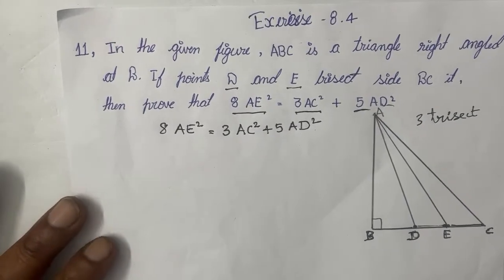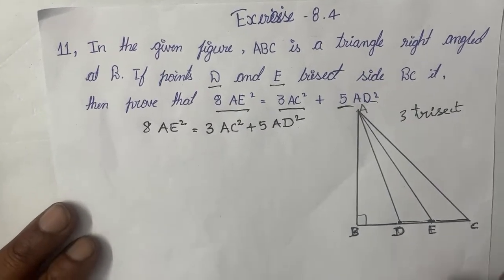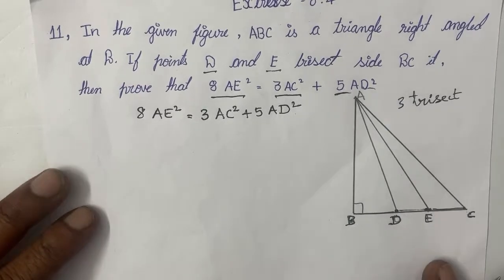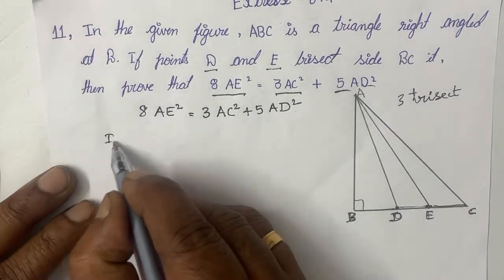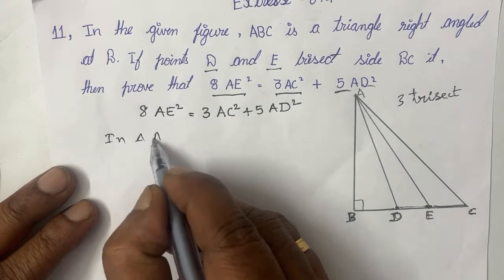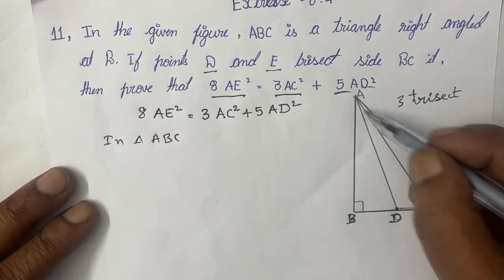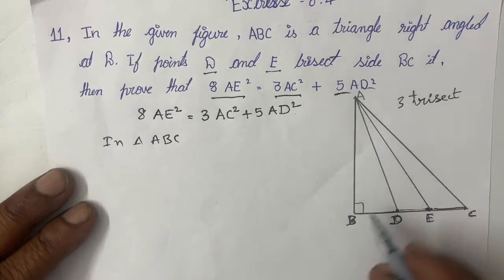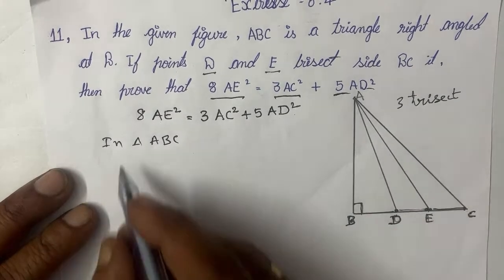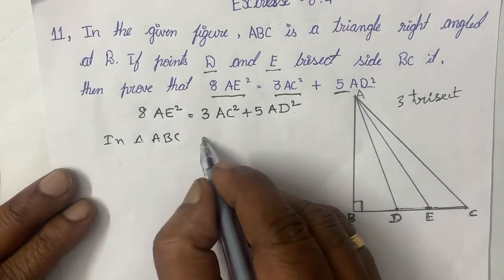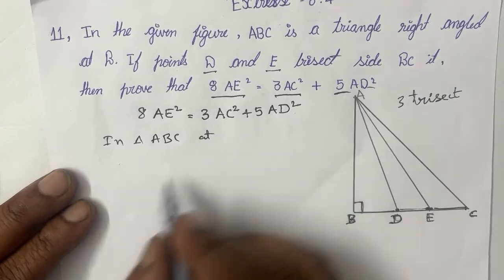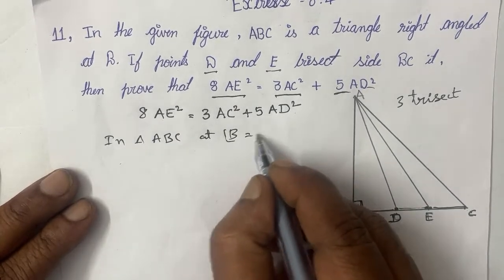First we'll go for the triangle ABC. In the triangle ABC, AC is the hypotenuse and angle B is 90 degrees. So where is the right angle? At B, B is equal to 90 degrees.